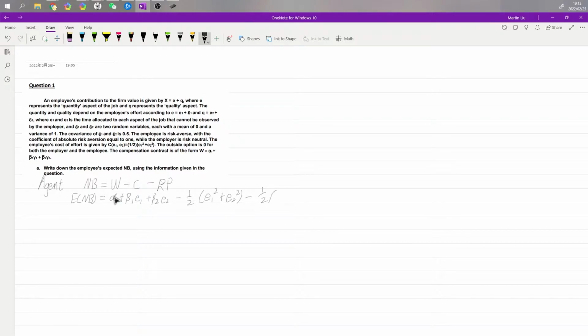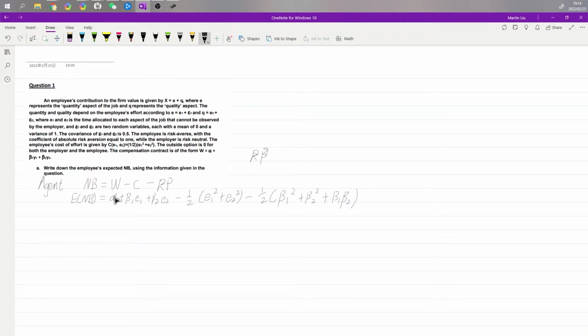And if you simplify the entire risk aversion, it will just become this form. Okay, some of the parts I need to mention here so we can be slightly more clear.